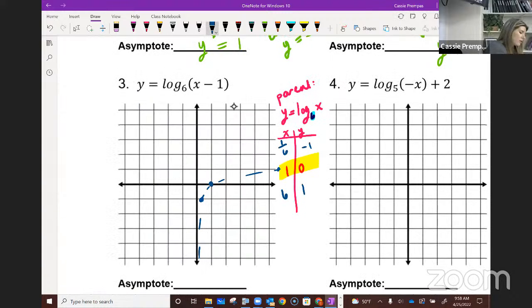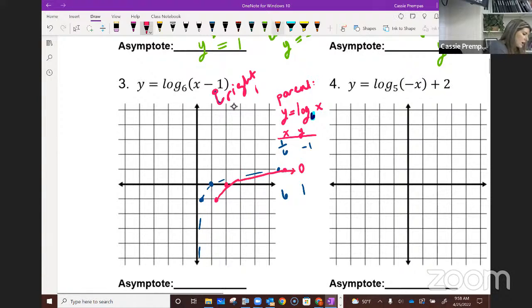And how will the -1 move the graph? Good, right one. So I'm going to take each of those points and move right one. The shape continues in this way. The vertical asymptote used to be at x equals 0, but now that it moves to the right one, it's going to be at x equals 1.